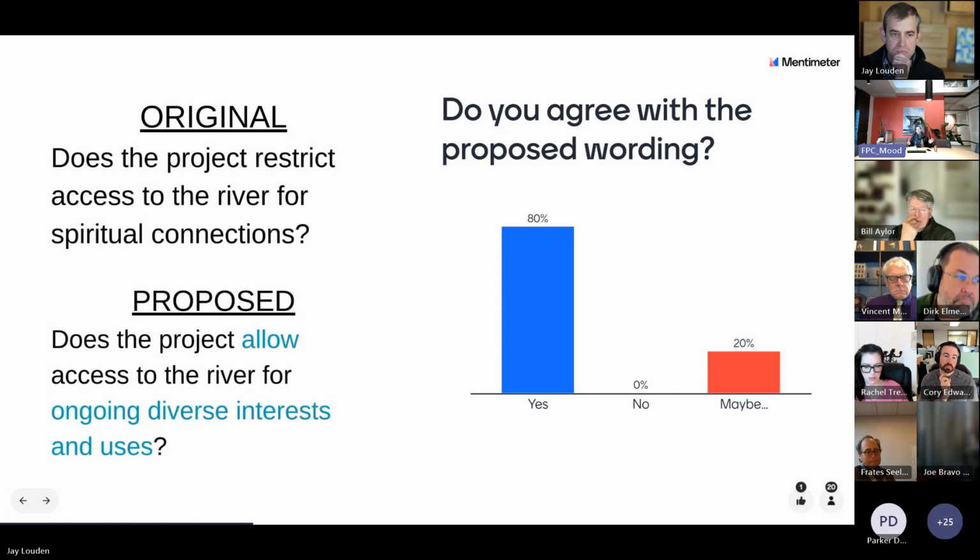So I think maybe they thought spiritual was too narrow, and they wanted to broaden that. So I think, Corey, to your point, adding safe access is probably a good one to address some of that. Yeah. And I'll encourage any other thoughts from the group on this one.